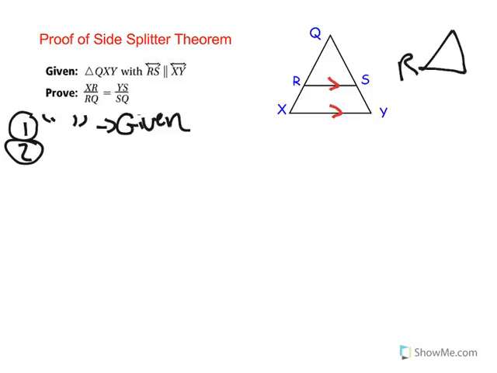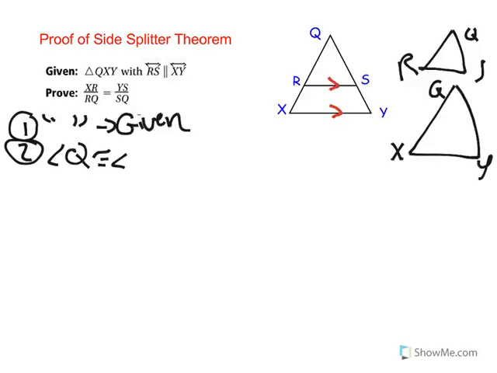So you have RQS, the smaller triangle, and then you have XQY, the bigger triangle. So one thing we know is that angle Q is congruent to angle Q by the reflexive property.